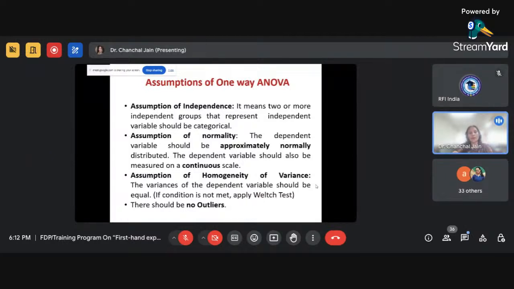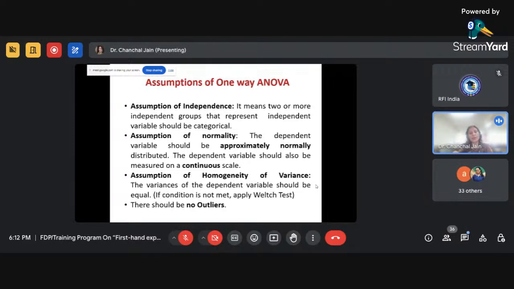So I think it is clear to everyone that we need to have one independent variable, and that variable should be categorical in nature, and it should have a minimum of two groups. But if we are looking for one-way ANOVA, we need to have more than two groups.